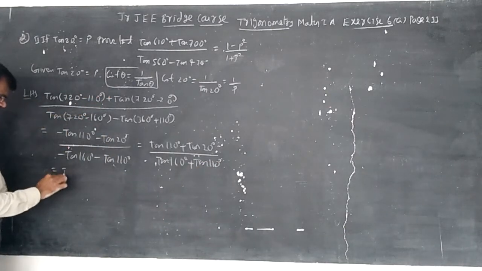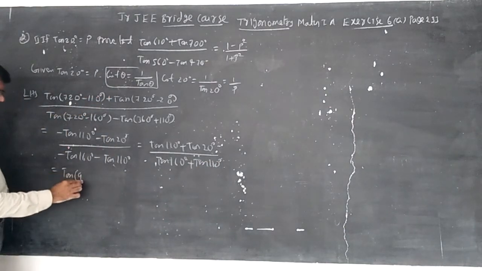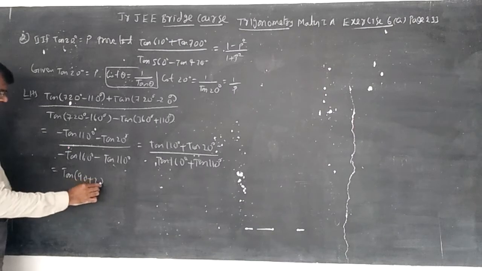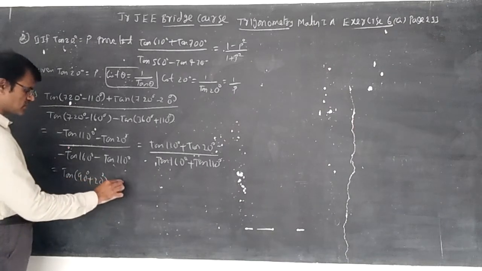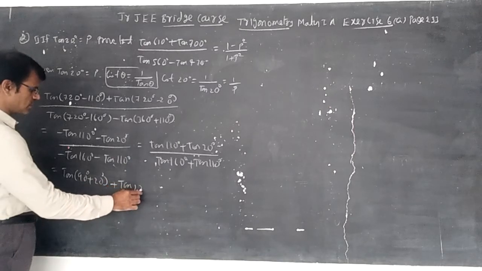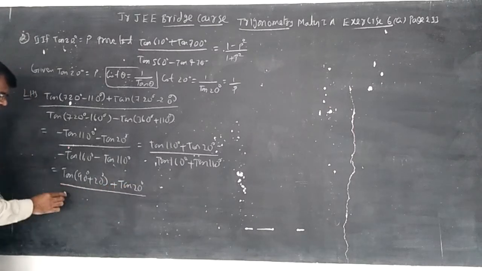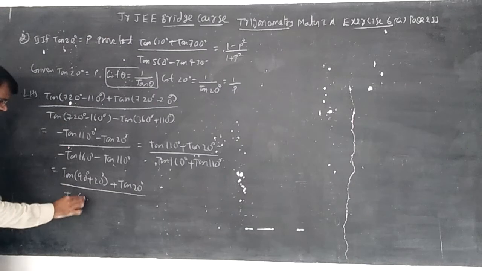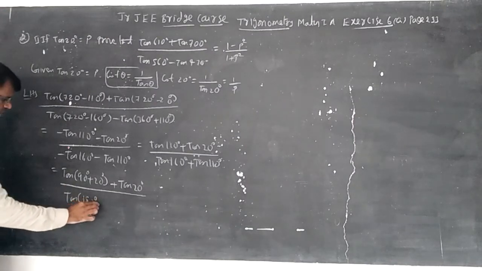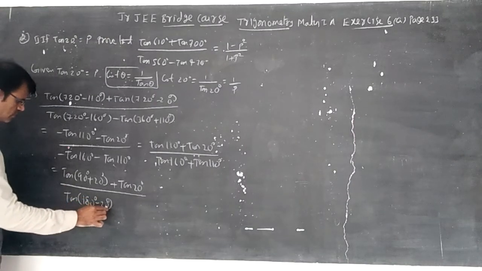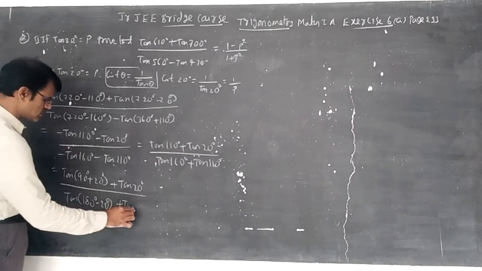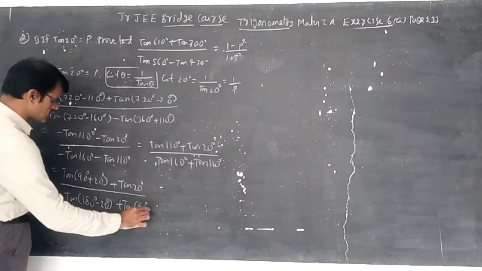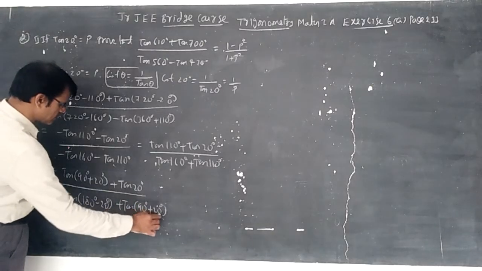That is equal to, we can write tan of 90 degrees plus 20 degrees plus tan 20 degrees, whole by tan of 180 minus 20 degrees plus tan of 90 degrees plus 20 degrees.